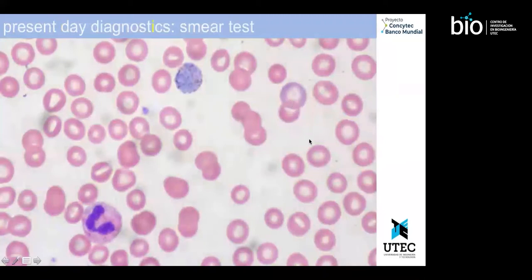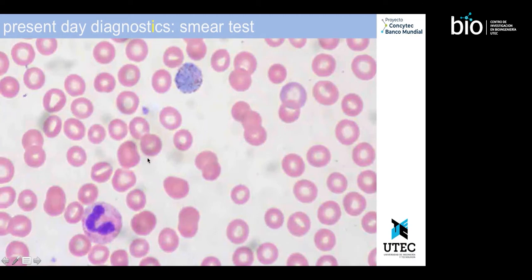You see the individual red blood cells, and once in a while you see a cell which has a parasite in it. Of course, you can see there's only one or two cells here which are infected in this whole view. That means if you want to know how serious it is, you have to do a lot of these samples and try to screen them all.